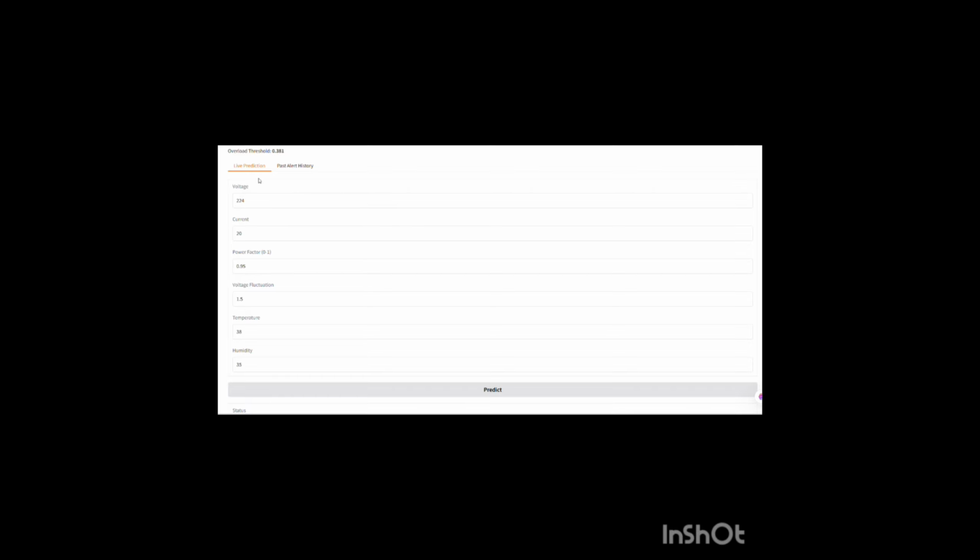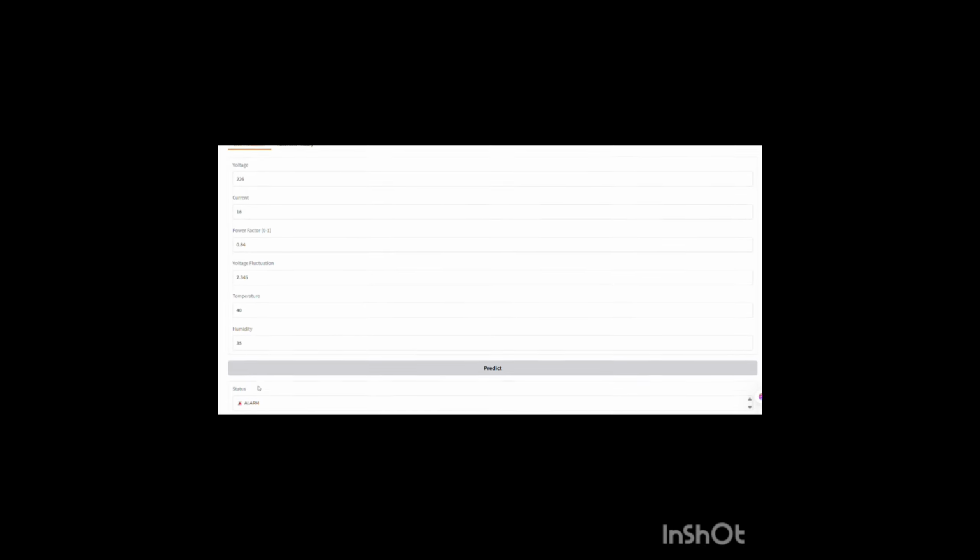Suppose we take the readings as voltage 226 volts, current 18 amps, the power factor being 0.84, the voltage fluctuation being 2.84, the temperature 40 degrees, and the humidity 35.